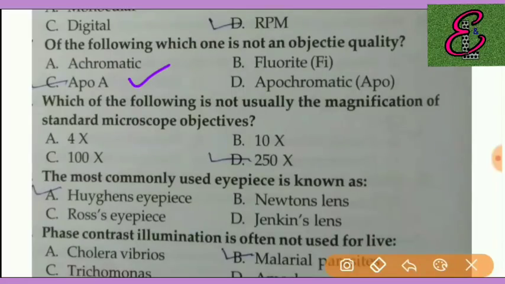Next question, which of the following is not usually the magnification of standard microscope objectives? The right answer is 250x.